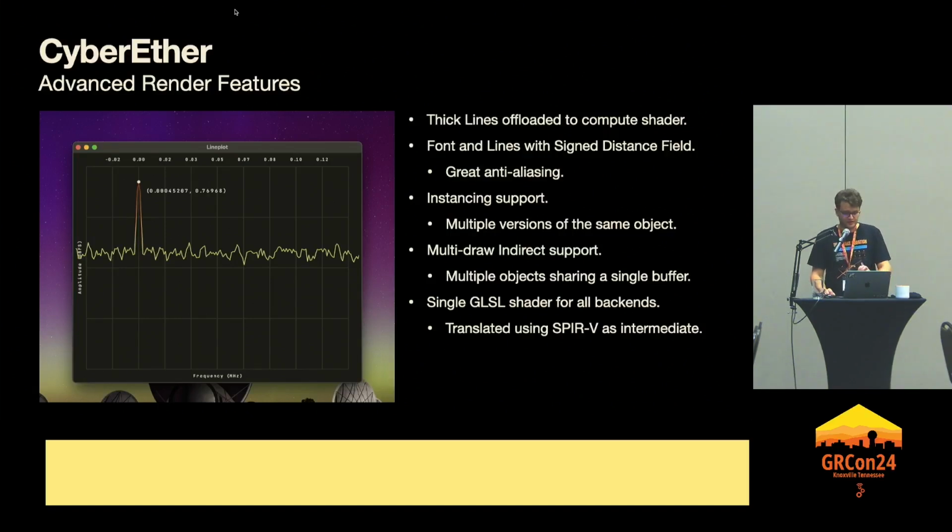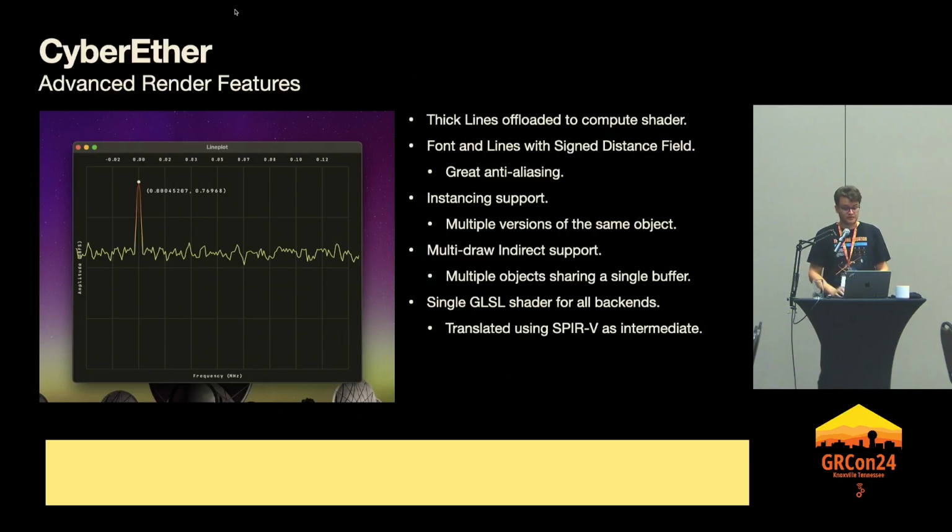So what CyberEther does is you write a GLSL shader. CyberEther will compile that to SPIR-V, and then the SPIR-V will be used for Vulkan, and the SPIR-V will be transcoded to MSL or WGSL automatically for you, so you don't need to write three different shader languages for each backend. You can all share one.